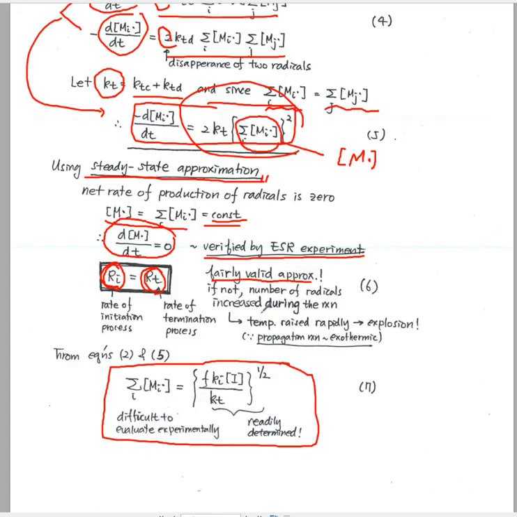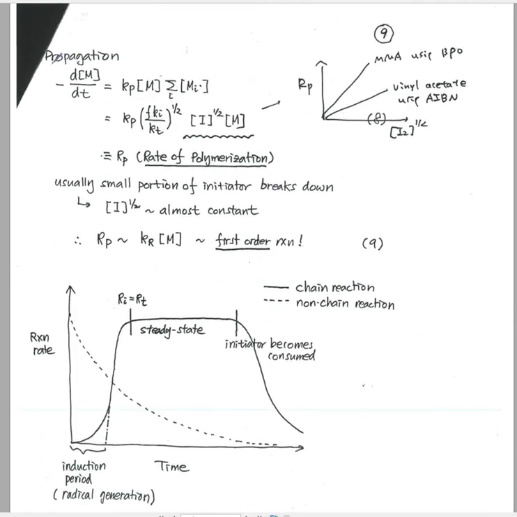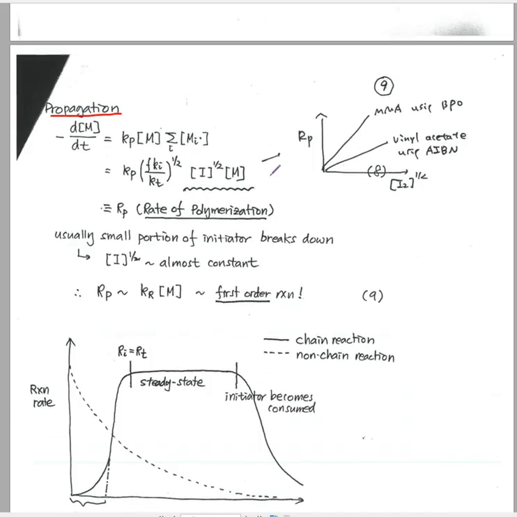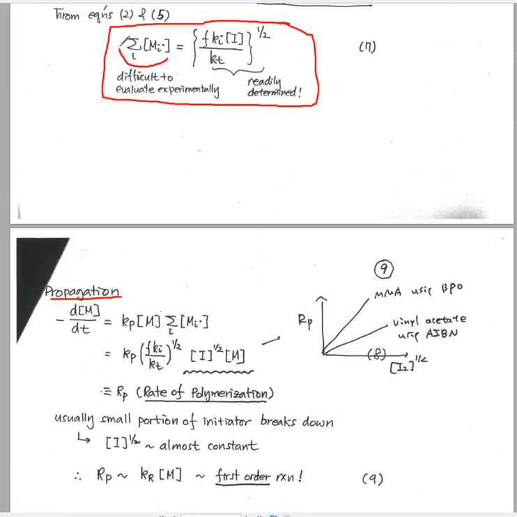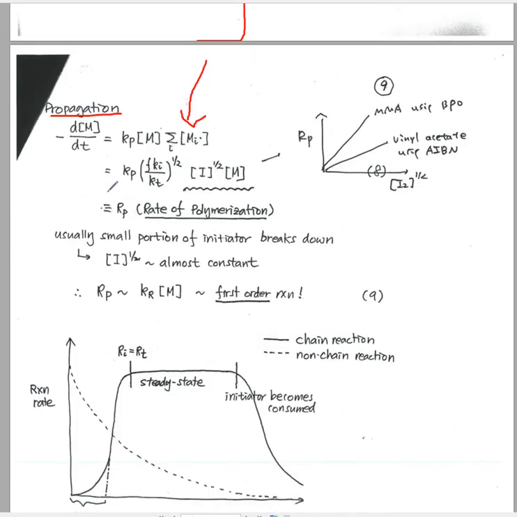Then the overall reaction rate of the free radical polymerization, which is the propagation rate, we can just put this radical term into here. Then we could easily obtain the propagation rate, or the rate of polymerization in free radical polymerization, as shown here. Very important result.